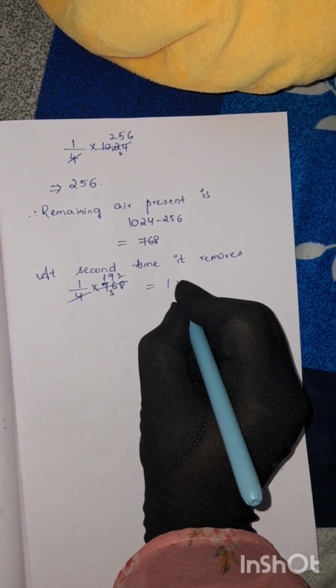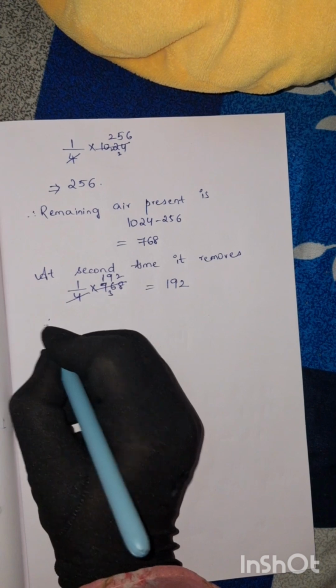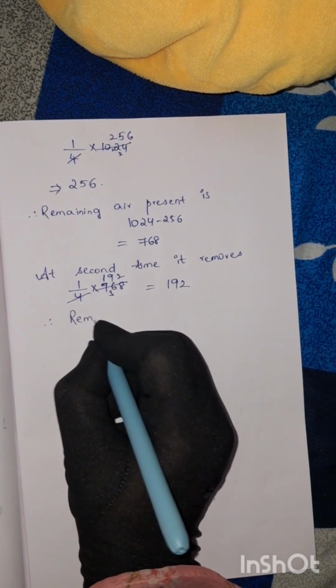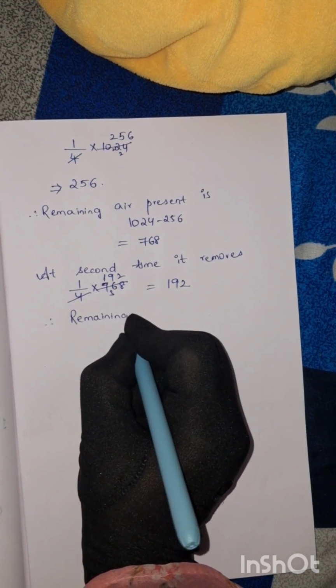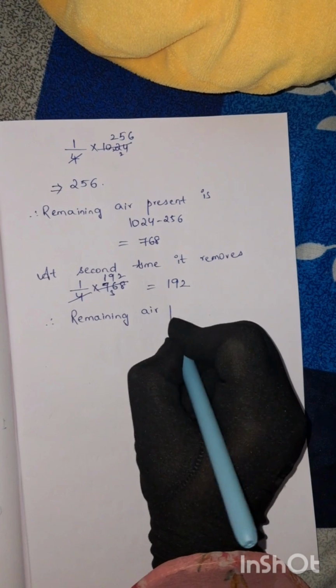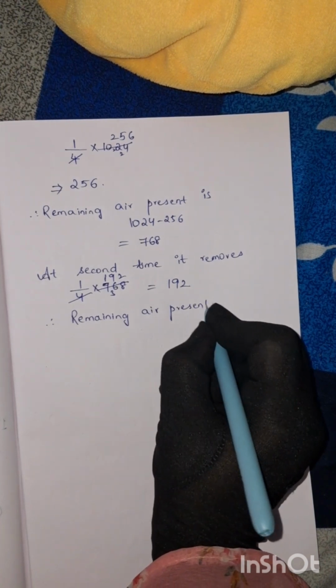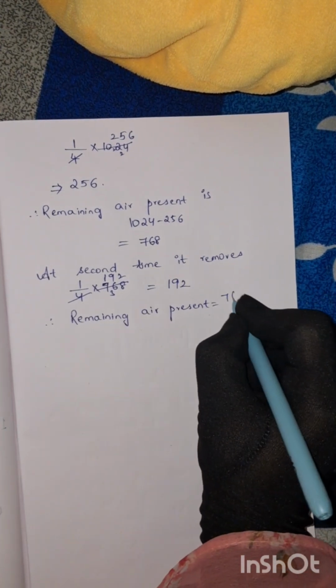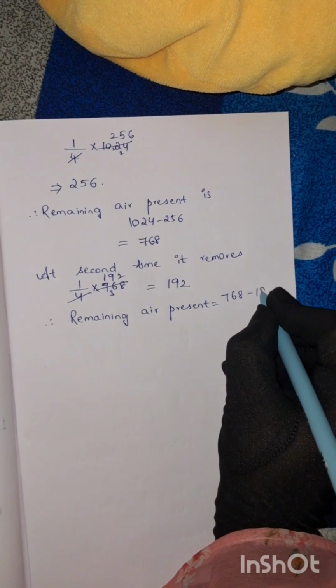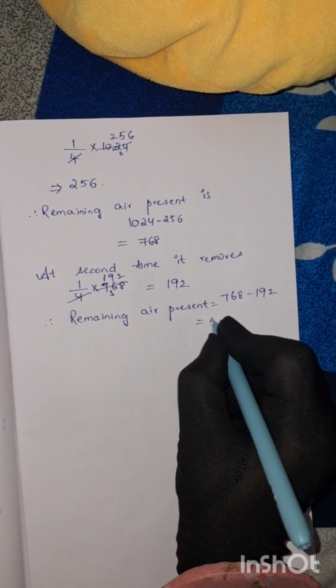It is 192. Therefore the remaining air present is 768 minus 192, which is 576.